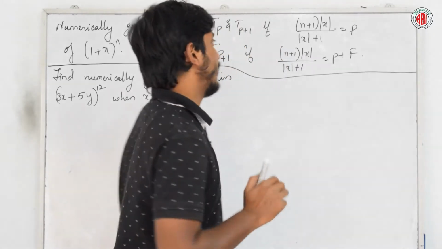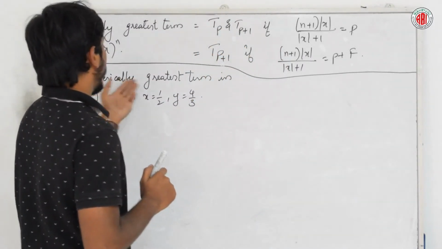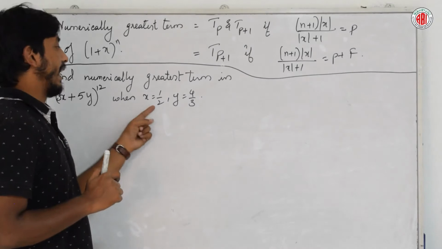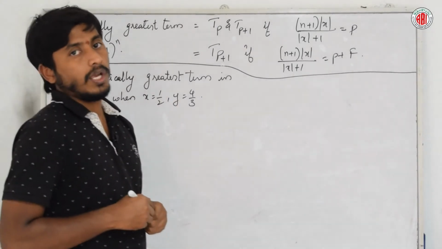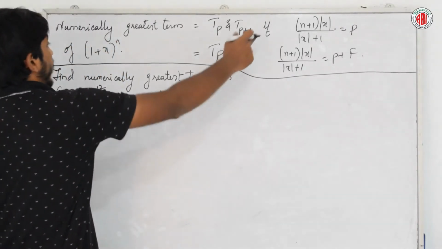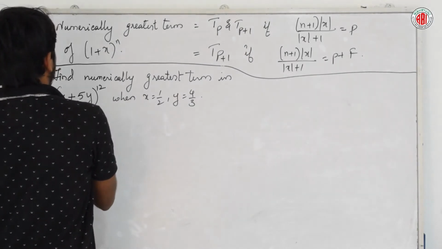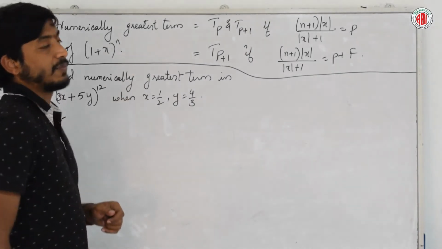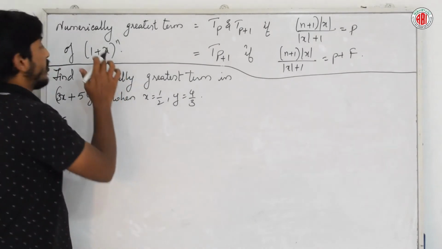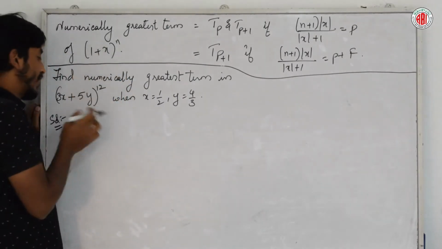Okay, so by using that technique, let me find the numerically greatest term in this expansion when x and y are given. So first what we have to do, we have to find that (n plus 1) mod x by mod x plus 1, where the expression should be in the form of 1 plus x. So what does this mean?